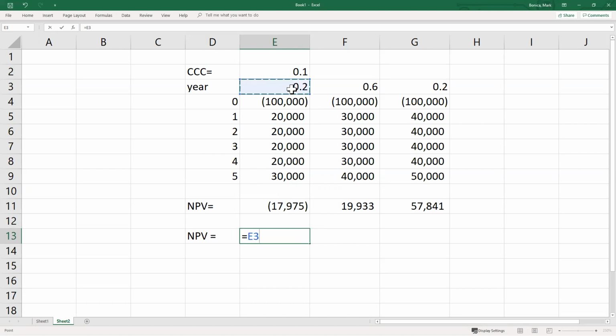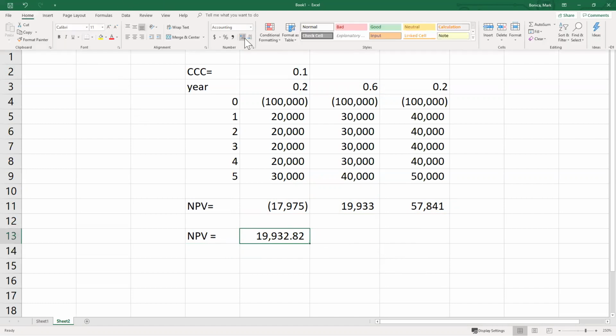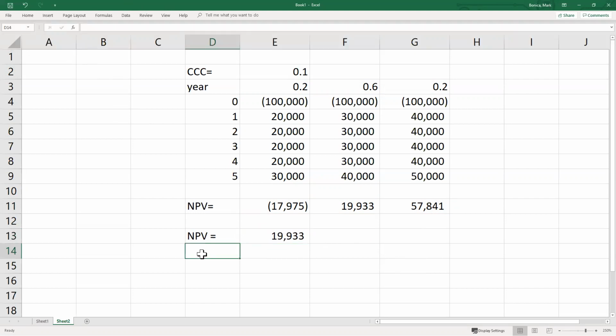So take 0.2 times the NPV for that project plus 60% chance times 19,000 plus a 20% chance times 57,000. And that gives us the weighted average of the projects, which is 19,932 and some change. Round up to 19,933.